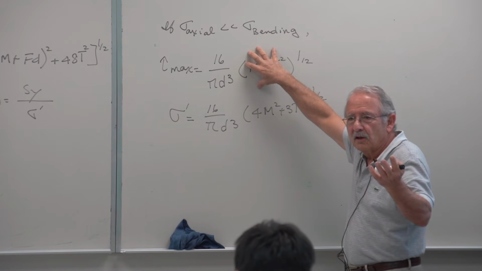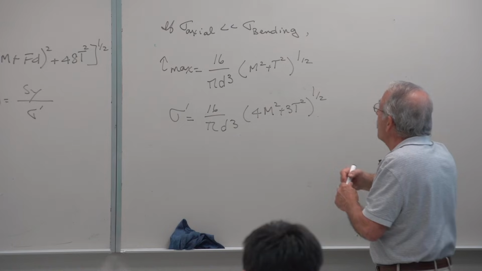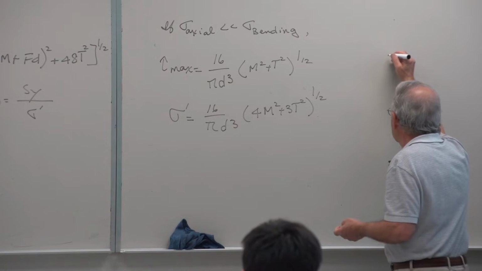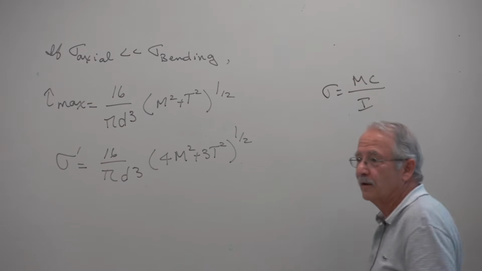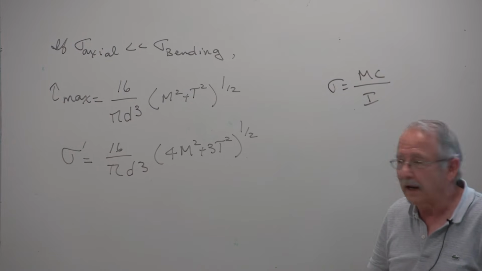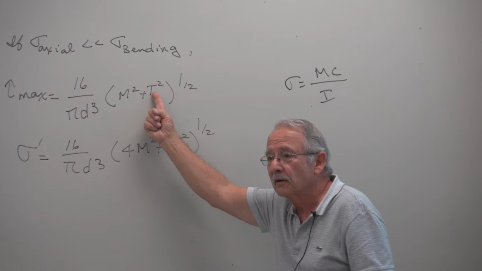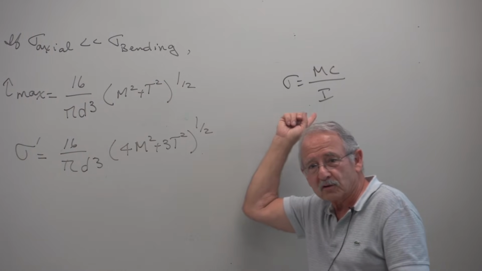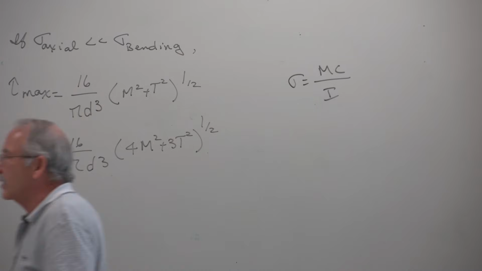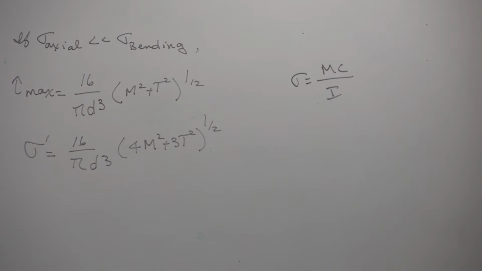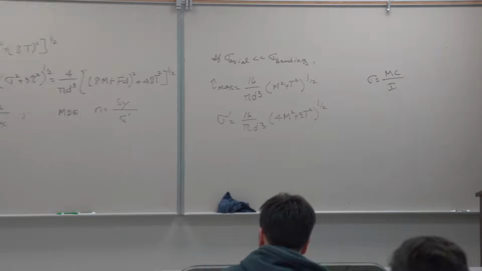You take that, and they say, okay, that's my moment, which is okay. That is a moment. And then they use this. Can't be doing that. You already got a torque in here. That's not the equation for stress and torque. So don't do that. Yes, it's a combination of those two, but that's basically where we stop.